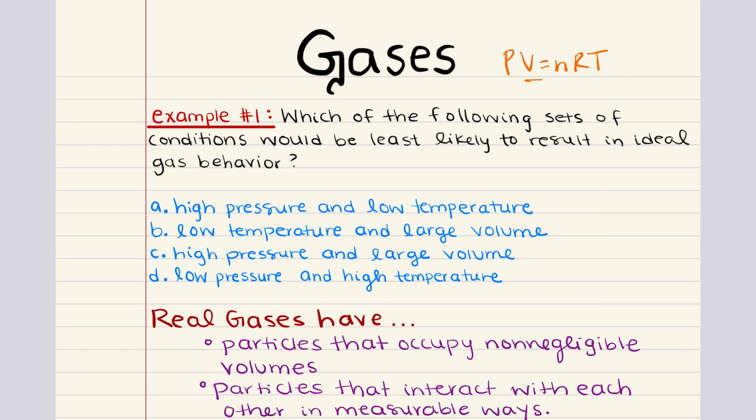So in other words, the particles spend more time in close proximity to each other, allowing for intermolecular attractions to pull them together. Now, this deviation due to intermolecular forces is just not accounted for in the ideal gas law. So with all that being said, the correct answer to problem 1 is going to be A. At high pressure and low temperature, real gases deviate from ideal gas behavior.